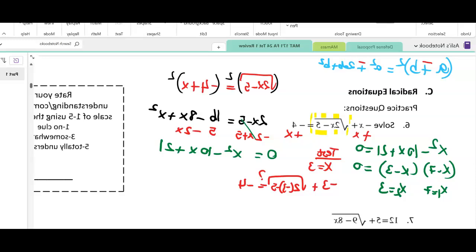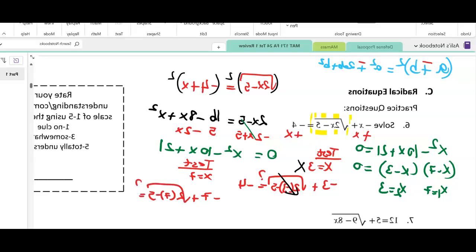Let's see. That is negative 6. That will be negative 11. So this is not going to check. So let's test for x equals 7. That will be negative 7 plus square root of 2 times 7 minus 5.